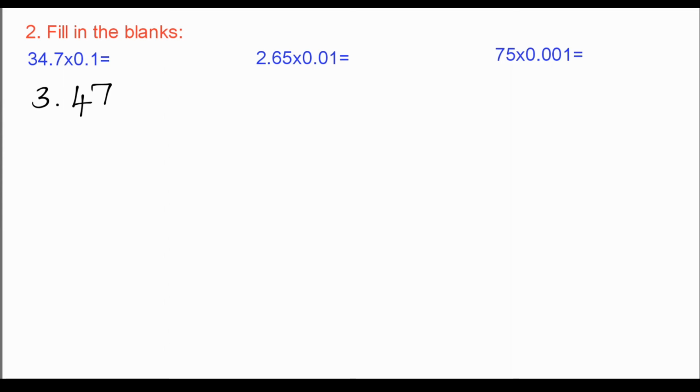We can write it as 0.0265. 75 into 0.001. We'll have zeros around now. So here also we can put it as 0.075.